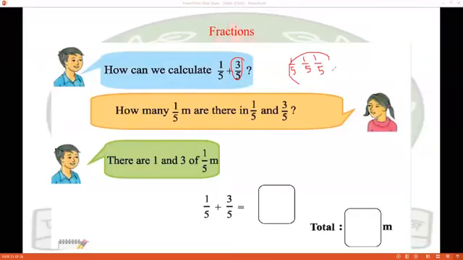So three 1 by 5 here, and here one 1 by 5. So in total four 1 by 5, that means 4 by 5. In this way you can write it. It is easy, as a simple addition process.